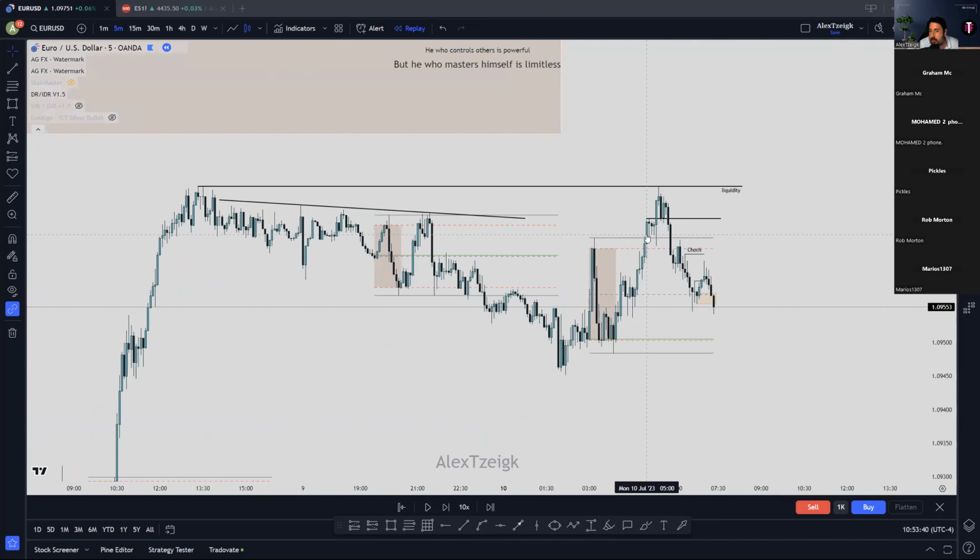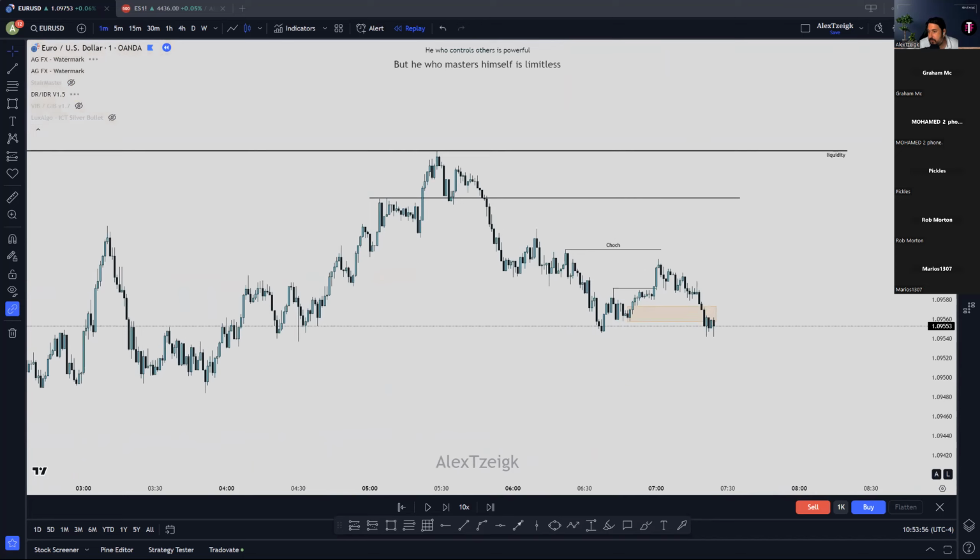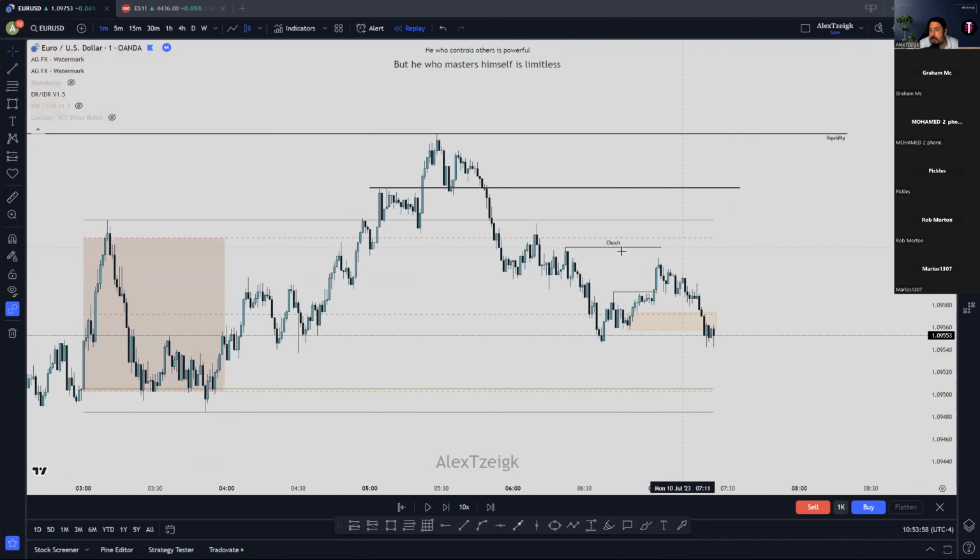This means I'm searching only for long, but what do I want to see after that? I want to see either a change of character and an internal break of structure and enter with my type 3 entry model, change of character, internal break of structure, 1 to 3 RR.